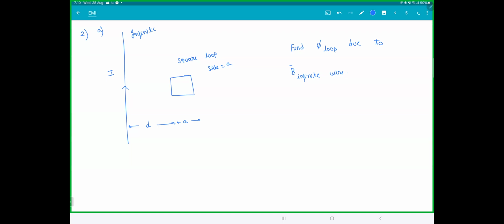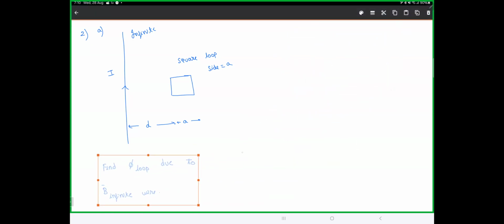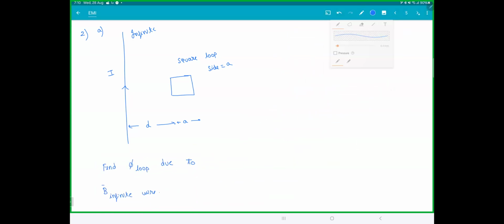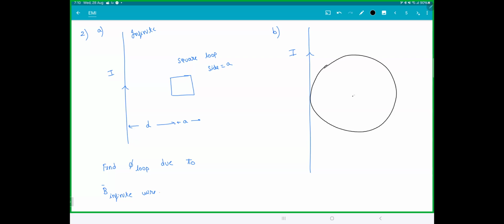This was an easy one. Let me add one more question. Same thing, infinite wire I, but this time you have a circular loop of radius r.